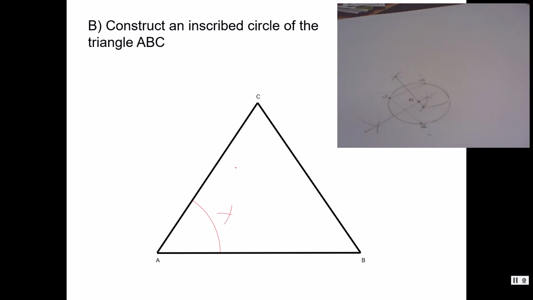Okay, so we kind of bisect the angle 1, bisect the other angle, so that you're going to get the line. Then you got another line.